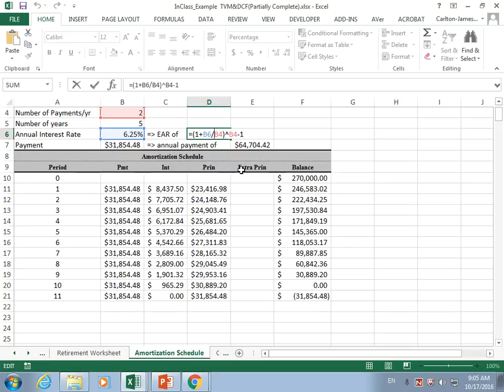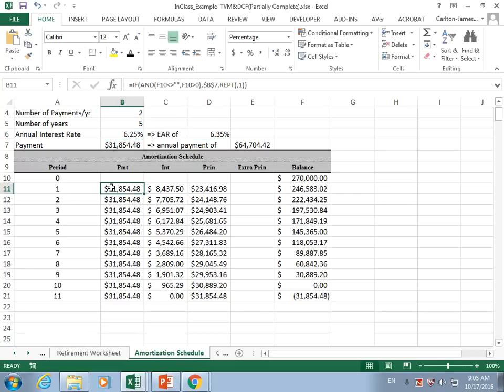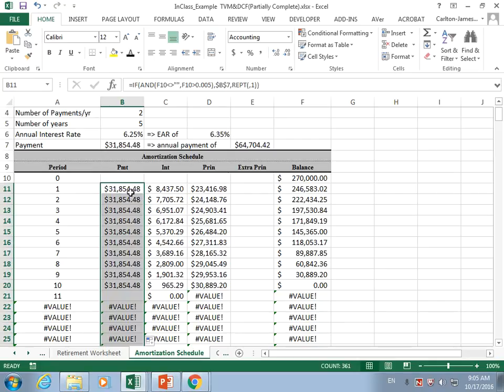So again, what's happening here now is because this guy here is not quite 0. So let's change this, and instead of that, let's put in 0.005 here and see what happens. Oh, that's not good.